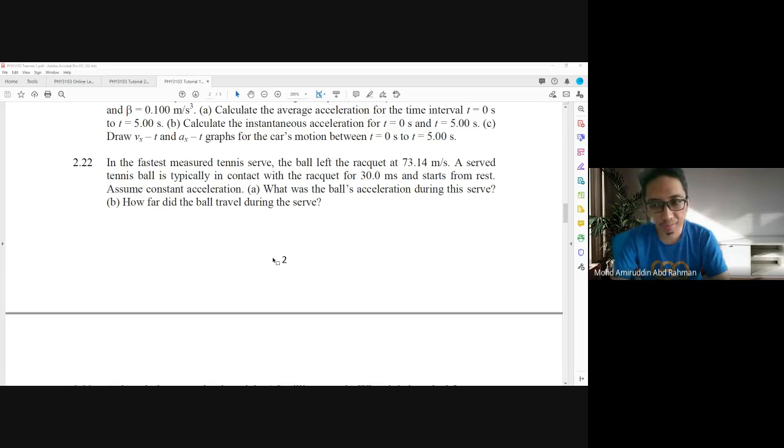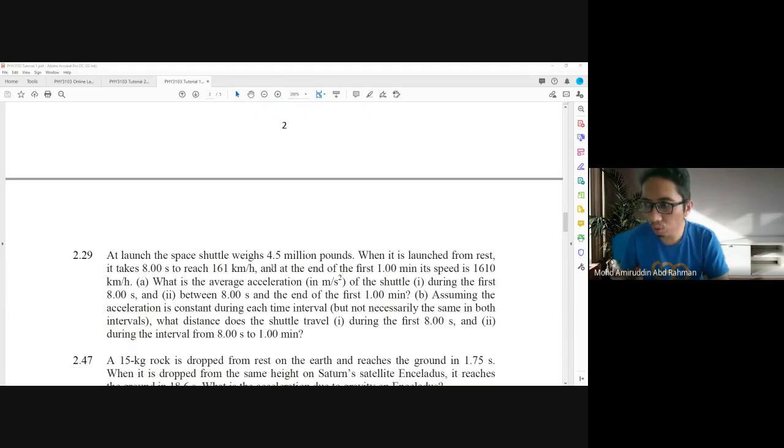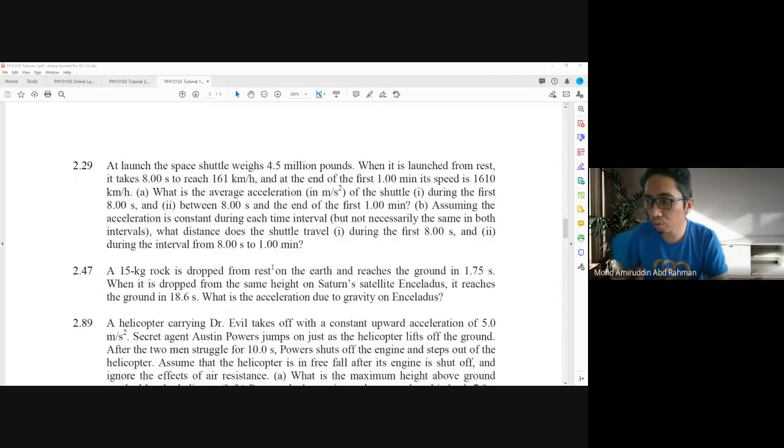And then for B, how far did the ball travel during the serve? We have 1.1 meters. So that's for 2.22.